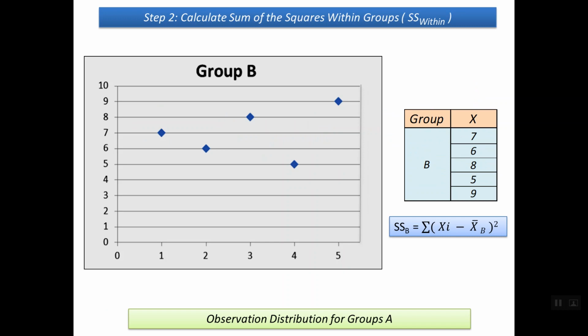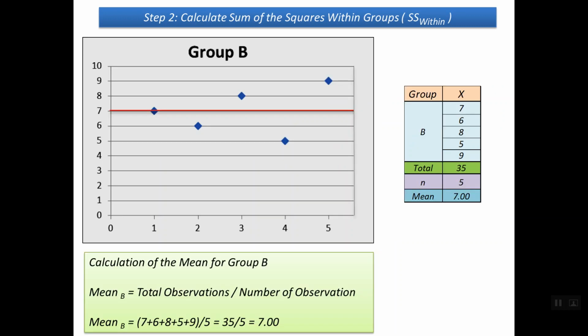By the same technique, we can do it for group B. These are the observations for group B, and this is the scatter plot for group B, and this is the meaning of the sum of square for group B, which is simply a measure of the variability or the distance between each observation in group B from the mean after squaring it.